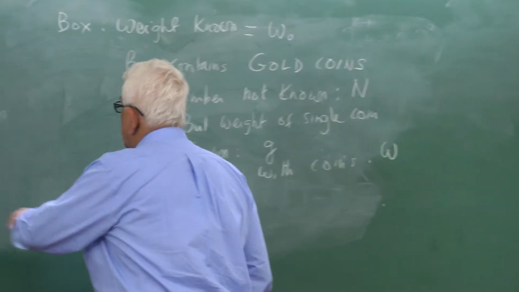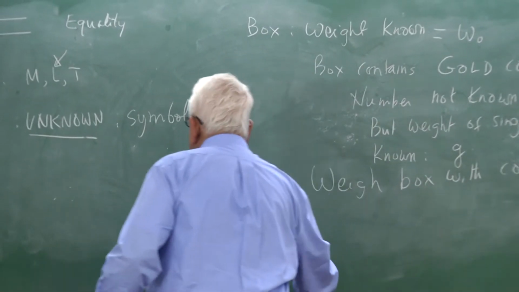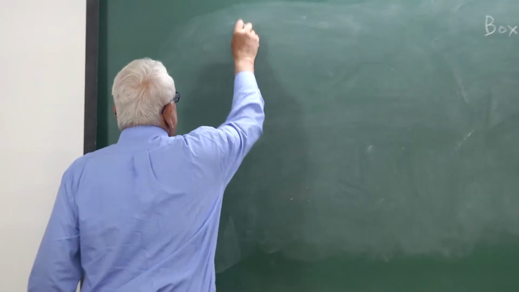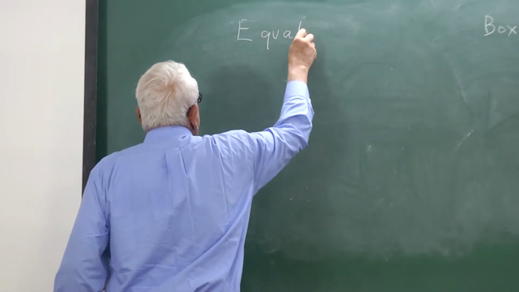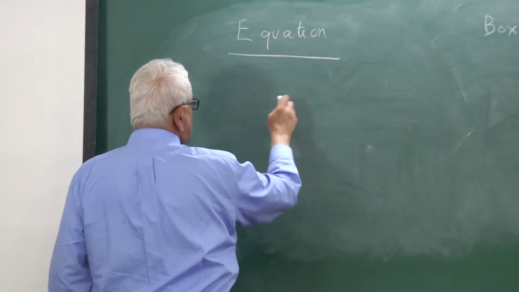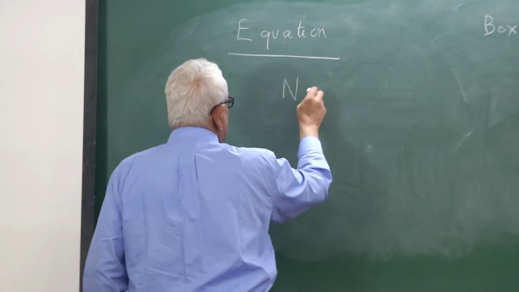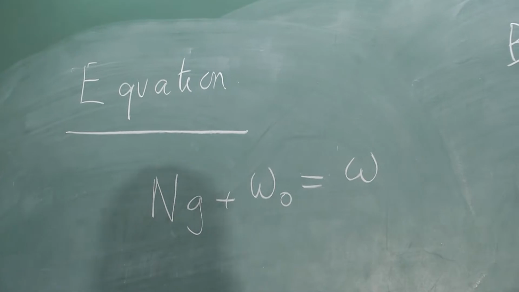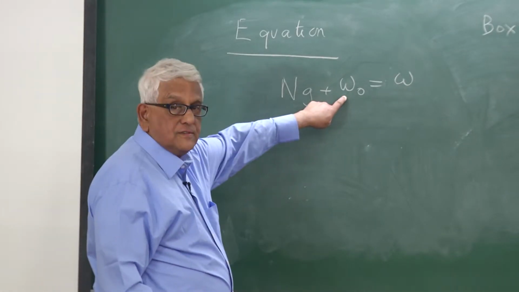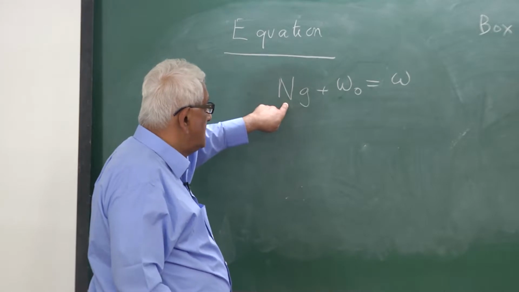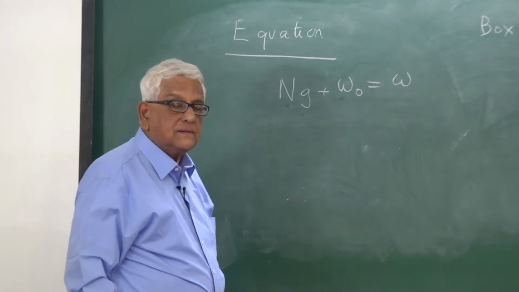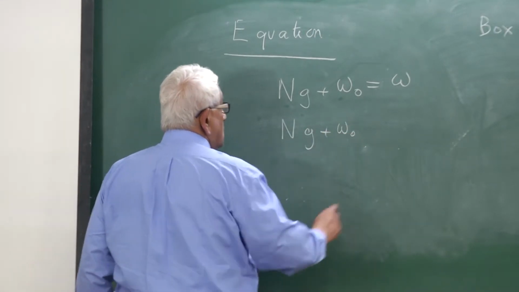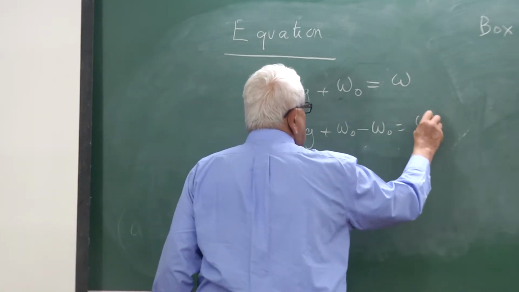So to do this, we use an equation. So you have an equation. And the equation is n into G plus W0 equals W. So this is the empty box, this is the weight of the n coins, n G, and that's the weight you get. So what you do then is you subtract W0 from both sides.